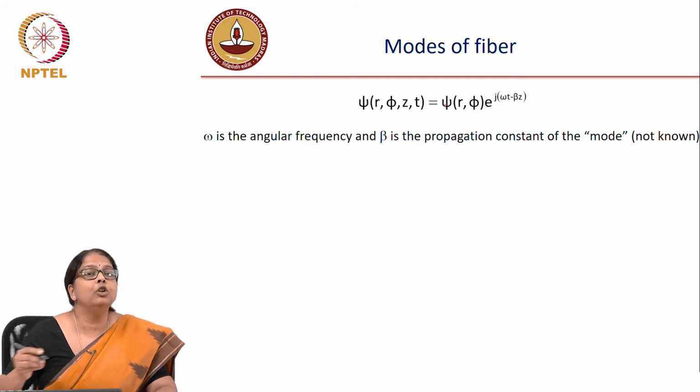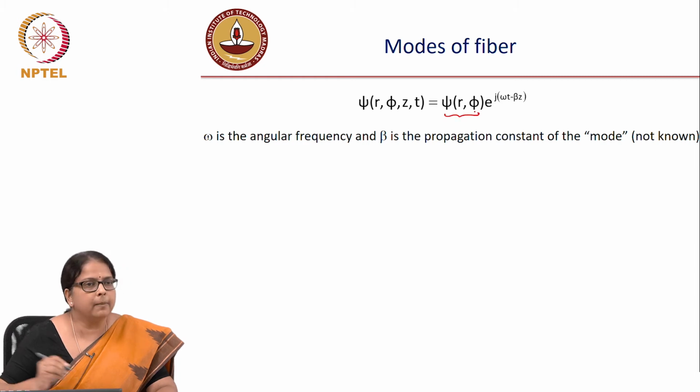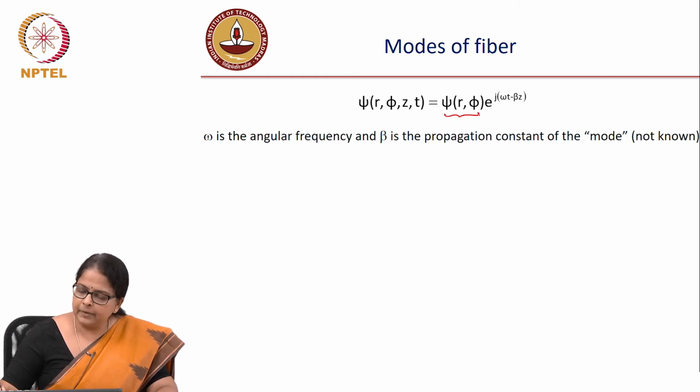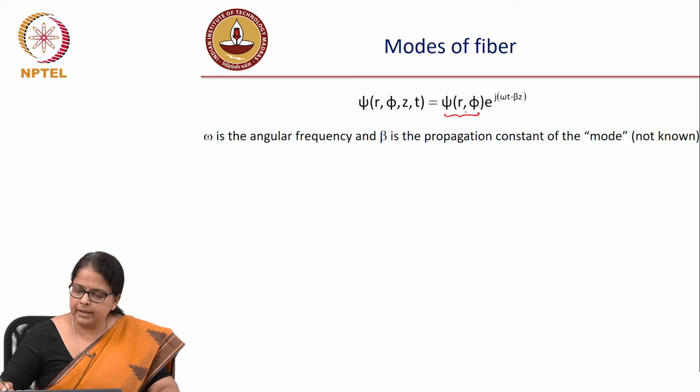There is no longitudinal component of the electric field. Psi has only the transverse components r, phi, so psi depends only on r and phi. So I can separate out the dependence on r, phi from t and z. The t dependence comes from e power j omega t, and the z dependence is e power minus j beta z.